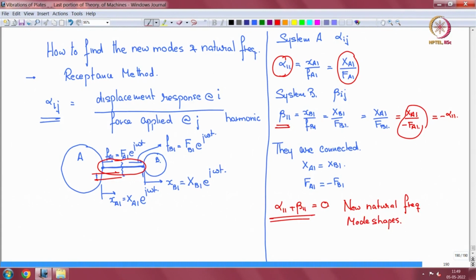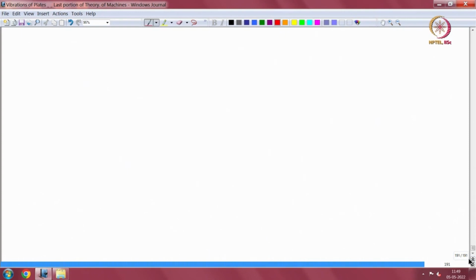Okay, so to start it off, let us take the first example. The example is that of a rectangular simply supported plate connected to a spring.